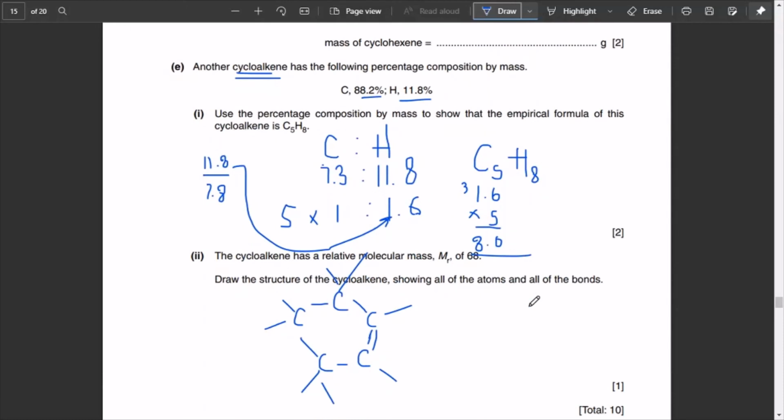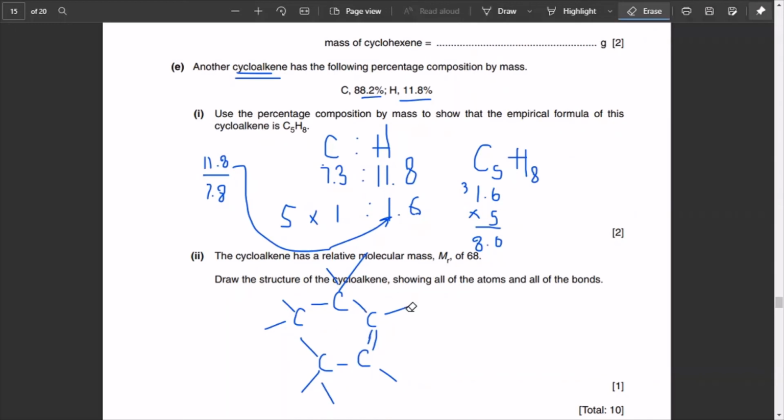The cycloalkene has a relative molecular mass Mr of 68. Draw the structure of the alkene showing all the atoms and all the bonds. Because we have an alkene, we're going to have a carbon-carbon double bond.